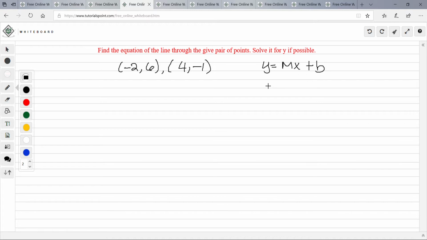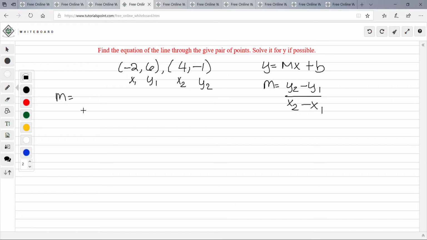We know slope is y2 minus y1 over x2 minus x1. First step, I'm going to label these x1, y1, x2, y2. Then I'm going to find the slope.